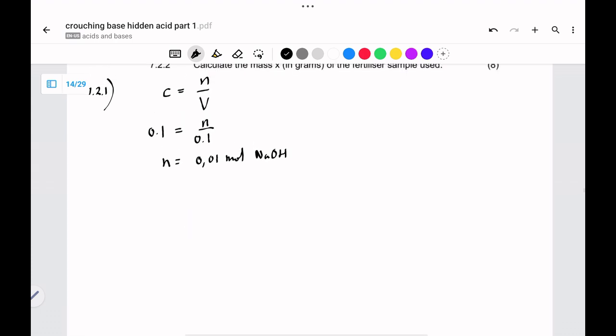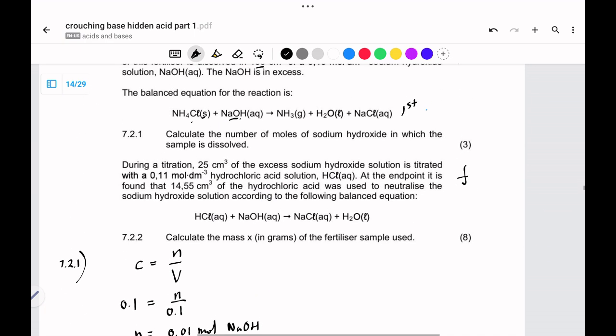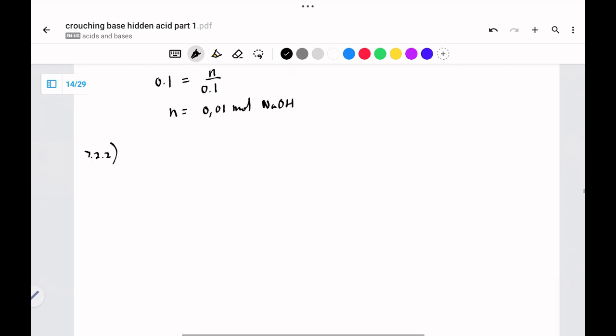Okay, so I'm going to start by drawing a table for the primary reaction. Need space.